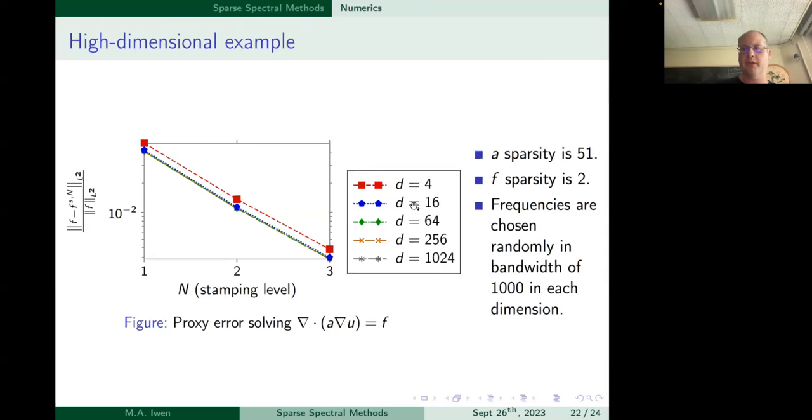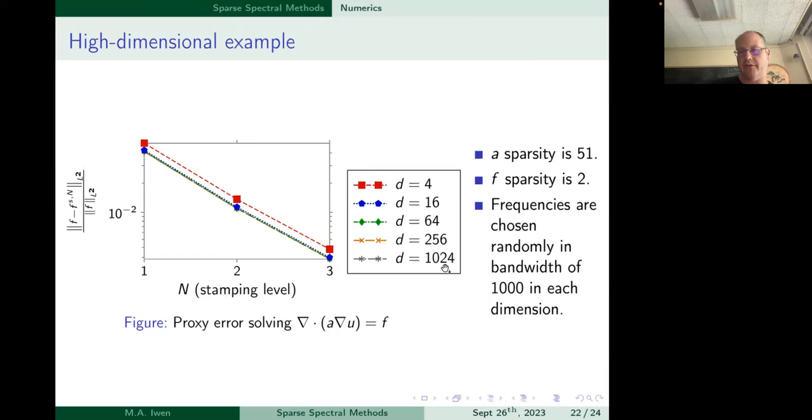Our diffusion coefficients and F are randomly chosen with 51 and 2 frequencies respectively for these sorts of examples, where our frequencies have a bandwidth parameter set to be 1,000.